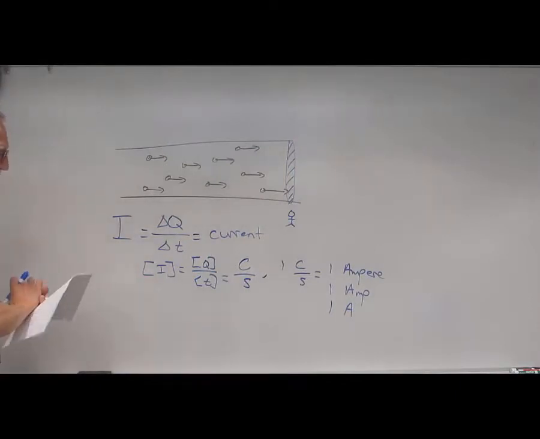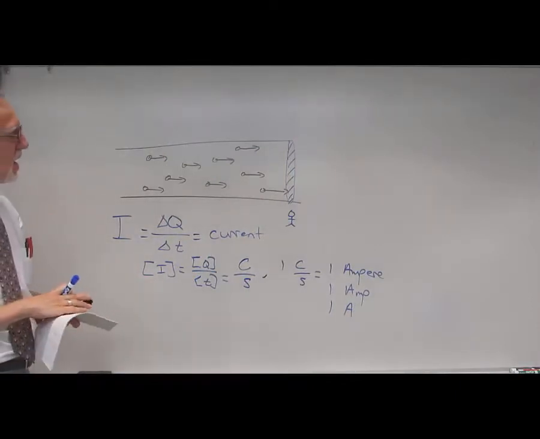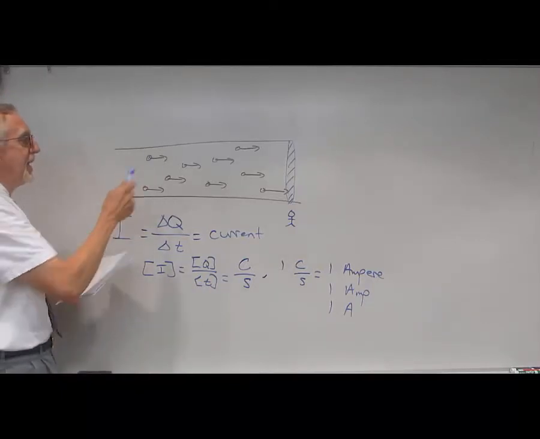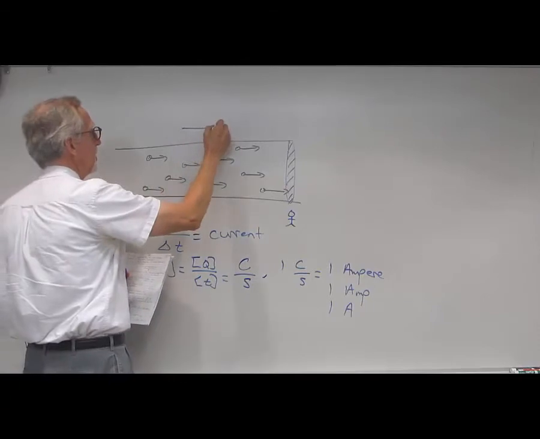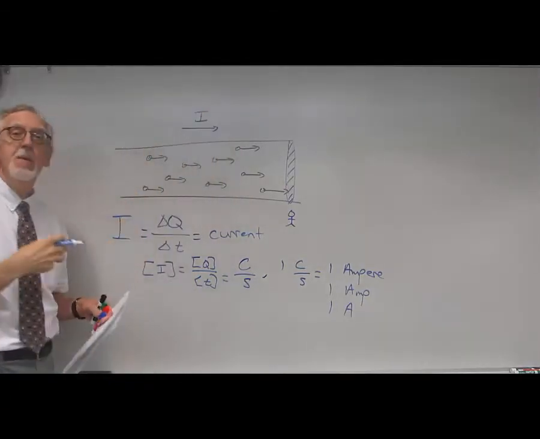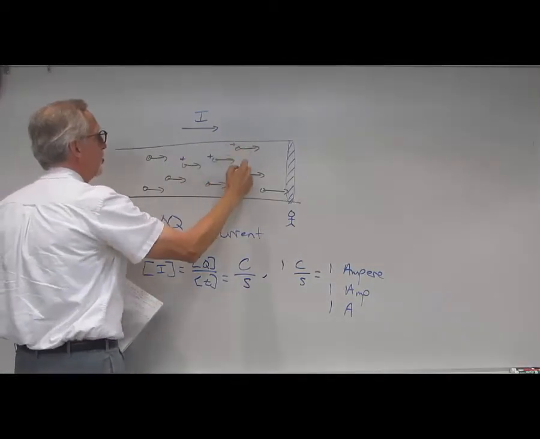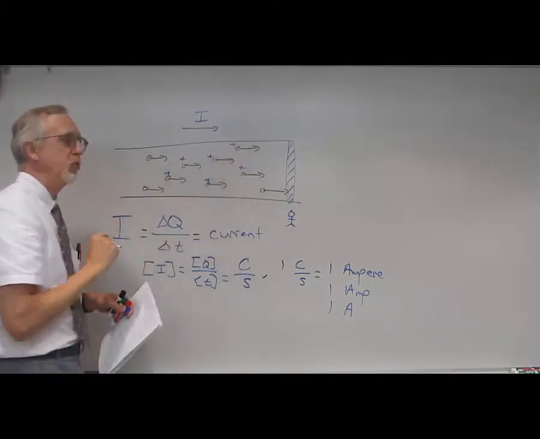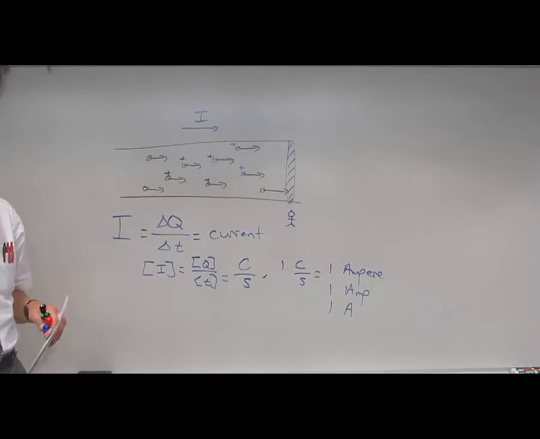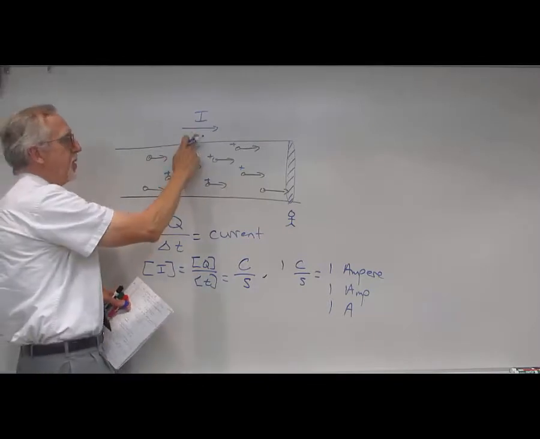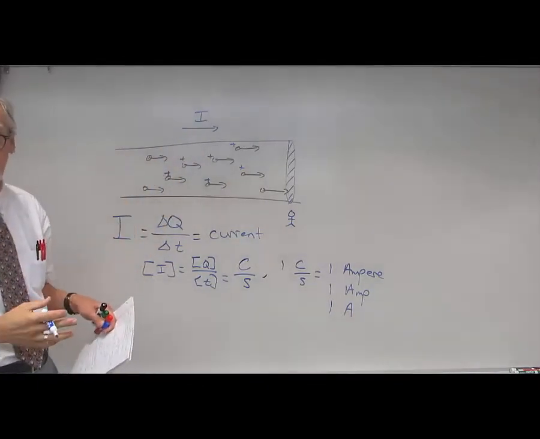Okay. Now, this might seem a little odd, but our definition of current will be in the direction that positive charges are moving. So we'll assume, for the moment, that the actual charges that are moving through the wire are positive charges. The direction that the positive charges move, that will be the direction that we will define as the current.